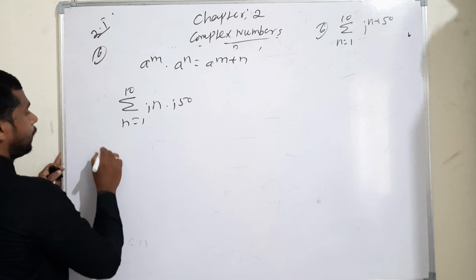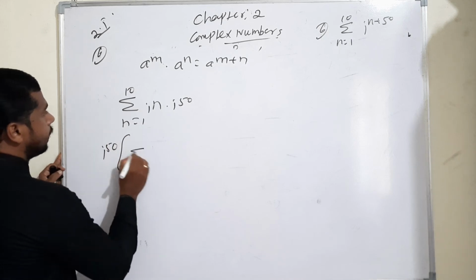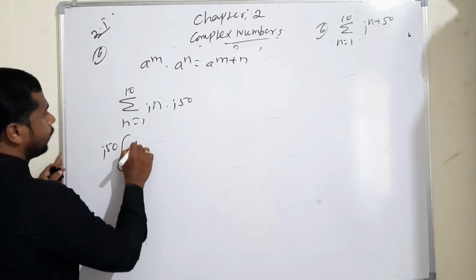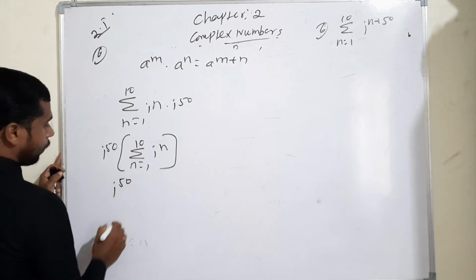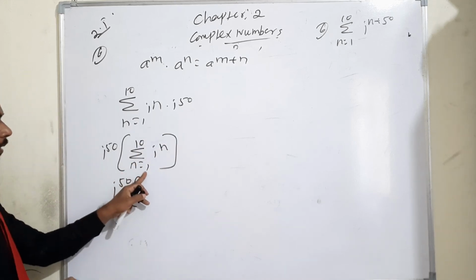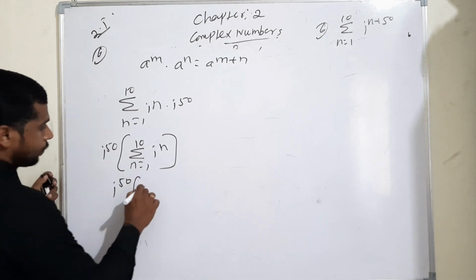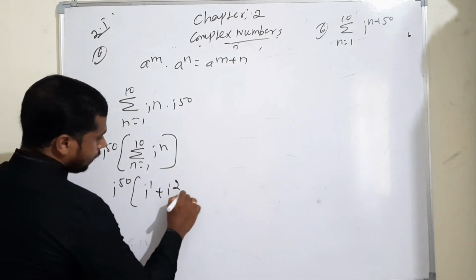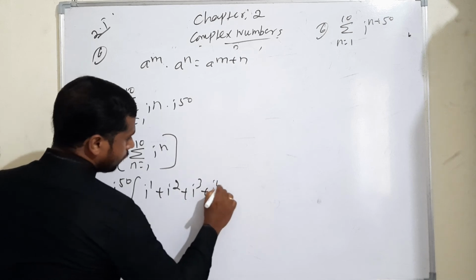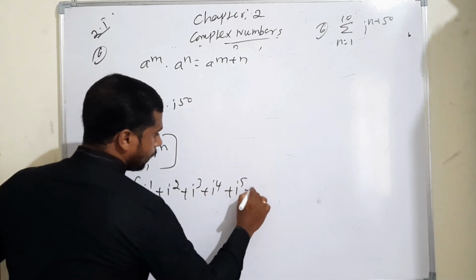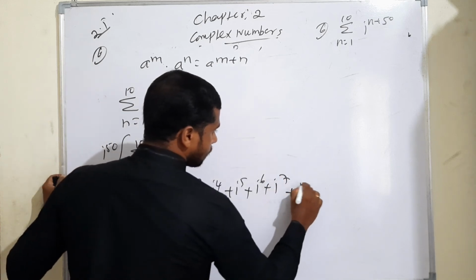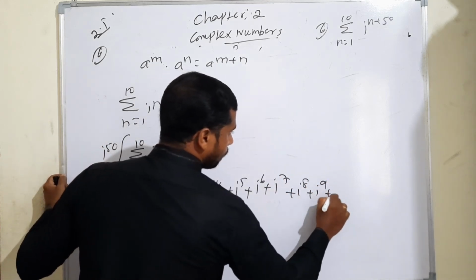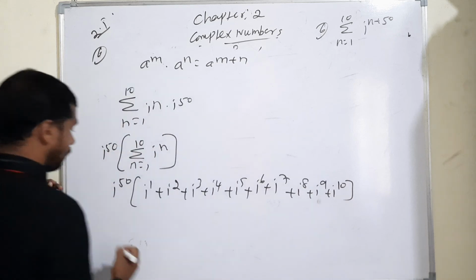Again, I to the power 50 take common outside, and inside summation of n is equal to 1 to 10, I to the power n. Then again I to the power 50, n value 1 to 10. So I to the power 1 plus I to the power 2 plus I power 3 plus I power 4 plus I power 5 plus I power 6 plus I power 7 plus I power 8 plus I power 9 plus I power 10.